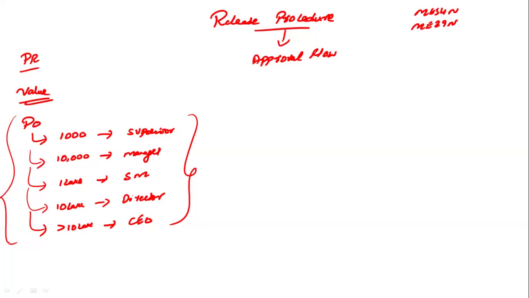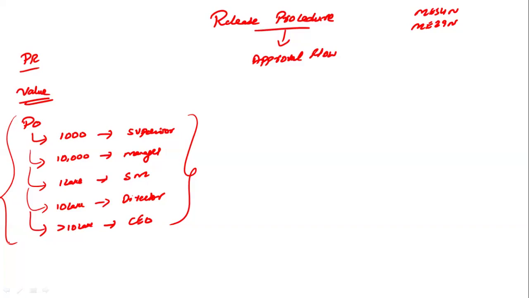Now, one more thing. We said that based on the value, it is going for approval. Now, how is this release procedure getting triggered? What is the condition? If something needs to come into picture, for example, if someone is placing a purchase requisition for the raw material, then it should come to me, so I should release it.